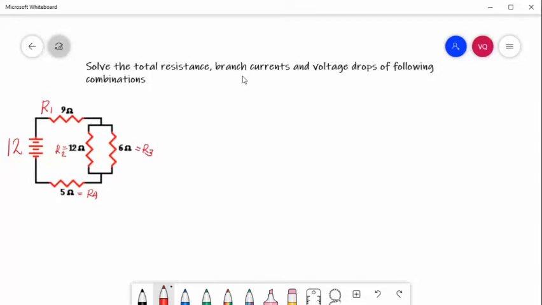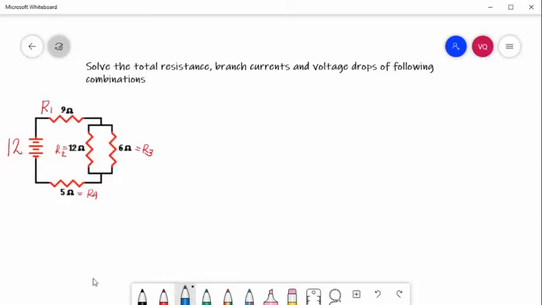For now, we will try to solve the total resistance, the branch currents, and also the voltage drops of this given combination of series and parallel resistors. First, we can see here that it is connected to a source equal to 12 volts. We have R1 9 ohms, R2 12, R3 6, and R4 5. We will label the circuit by its direction of current.